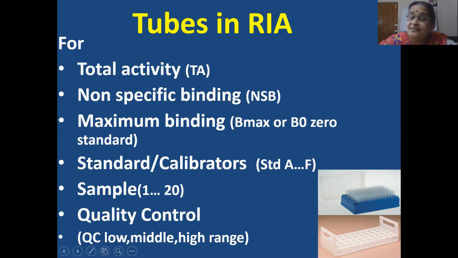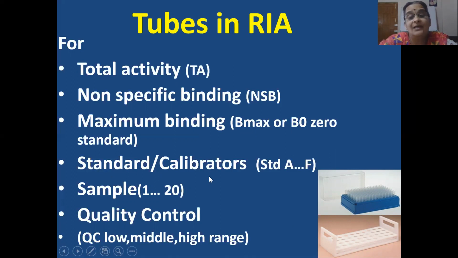This has to be as low as possible. The maximum binding, or Bmax or B0, is the zero standard, where the radiotracer gets the fullest opportunity to bind to the antibodies. There is no competition in the maximum binding.